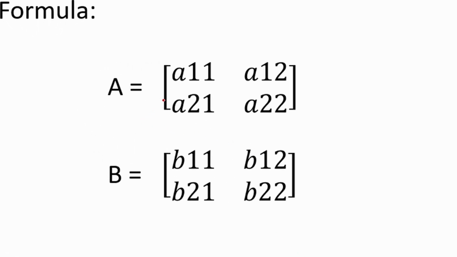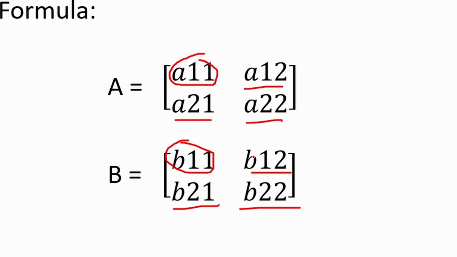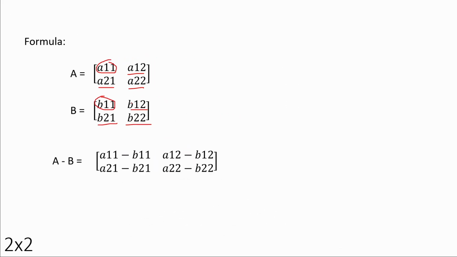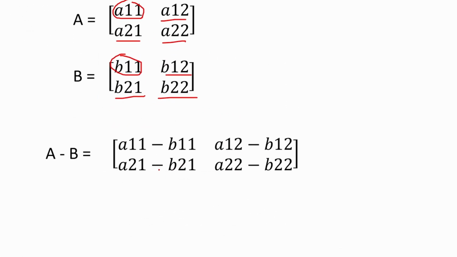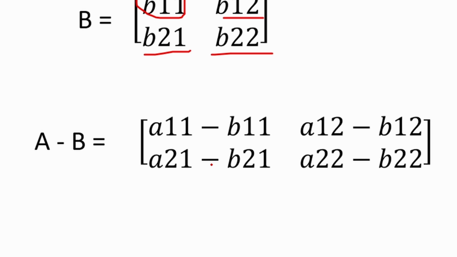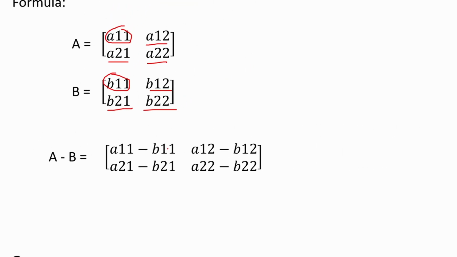For example, we have again 2 by 2 matrices, matrix A and matrix B. To calculate it, it's pretty much the same as matrix addition. You just need to subtract this element and this element, this element and this element, and so on, and then we get the visualization right here. This is the formula to find subtraction between 2 by 2 matrices.